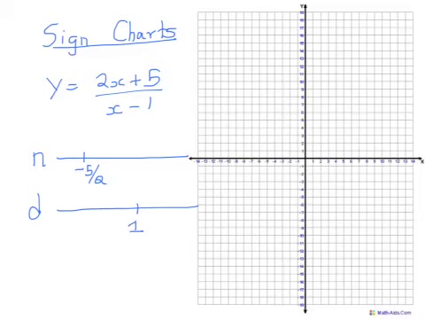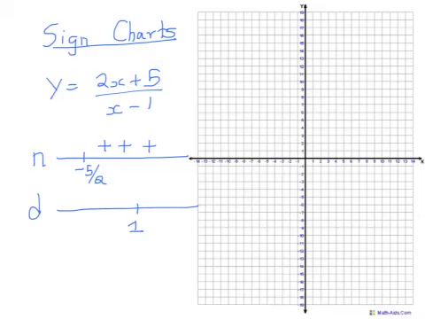To find the sign chart for the numerator, you would plug in a big positive number, and you would find that to the right of negative 5 halves, we would have positives, and you would plug in a small negative number that's less than negative 2.5.